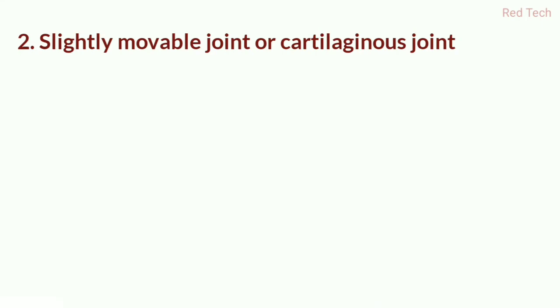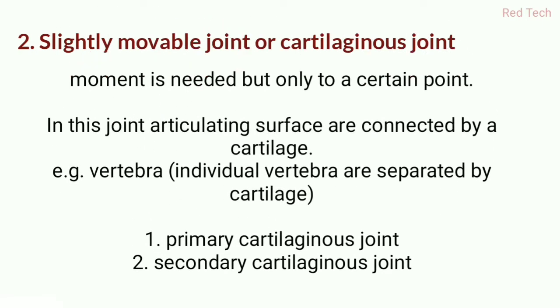Here also the name suggests that slightly movable means it allows slight movement in the joints. Movement indeed, but only at certain points. Little movement is allowed in this joint.